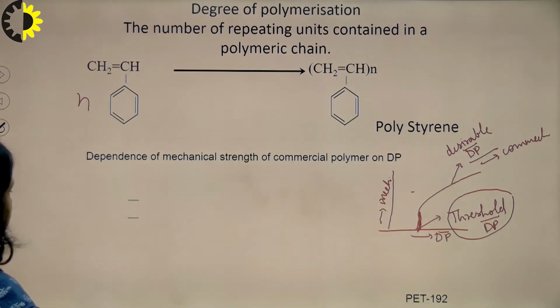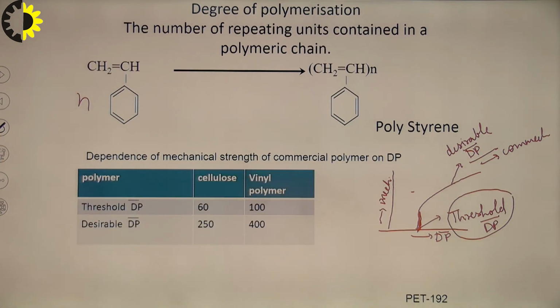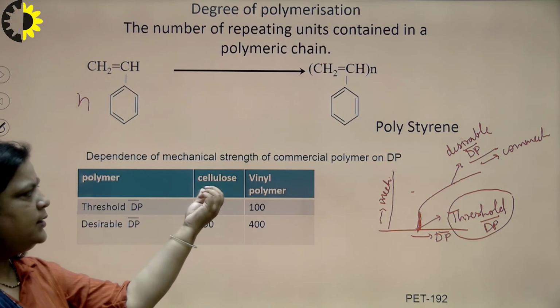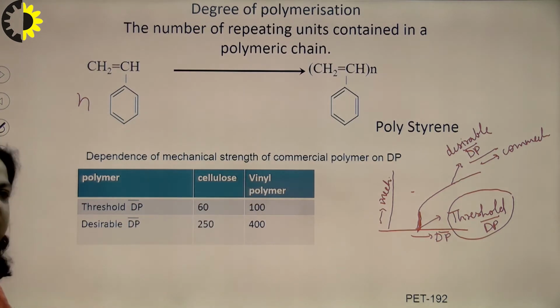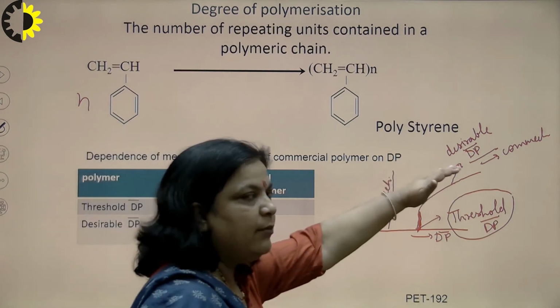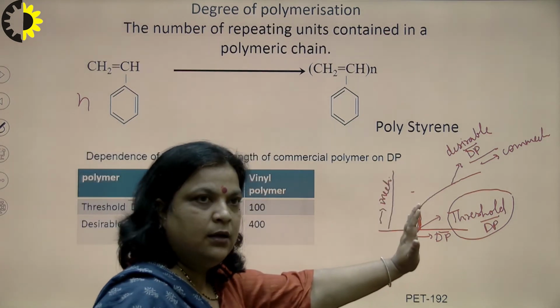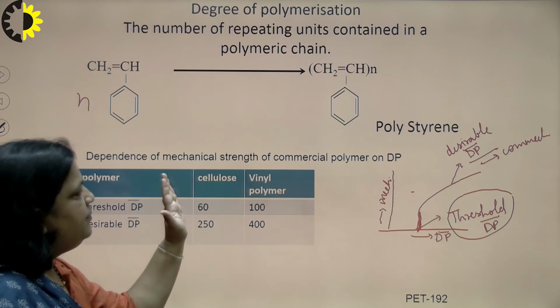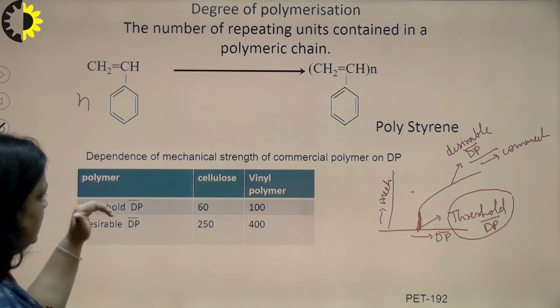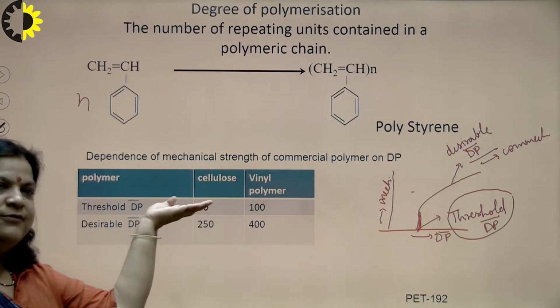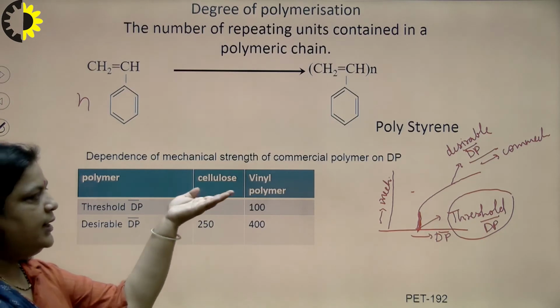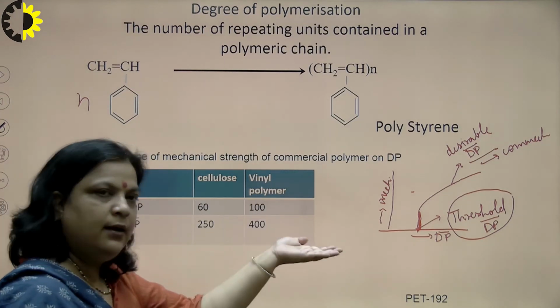So, if we see the degree of polymerization value of two polymers, let us say cellulose or vinyl polymer, the behavior is the same, but the value is different. If we compare cellulose and vinyl polymer, the threshold degree of polymerization of cellulose is about 60, while for vinyl polymer it is 100.